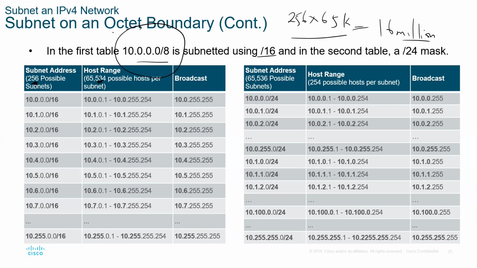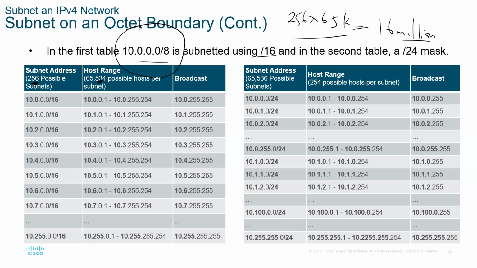When we borrowed bits, the number of users decreased from 16 million to 65,000, and we increased the number of networks that we can have. So we now have 256 networks instead of one, but the number of addresses has decreased.